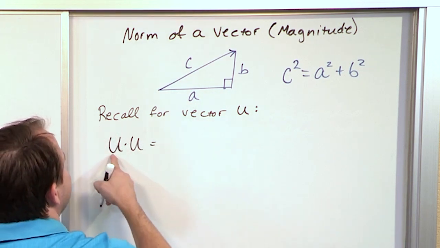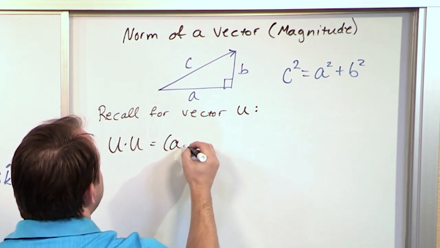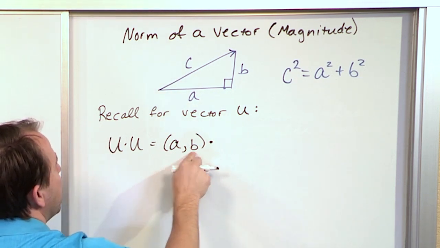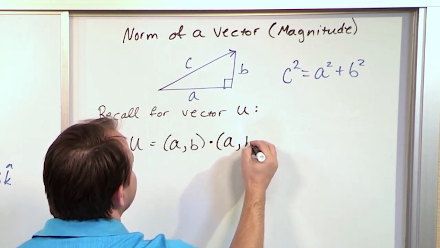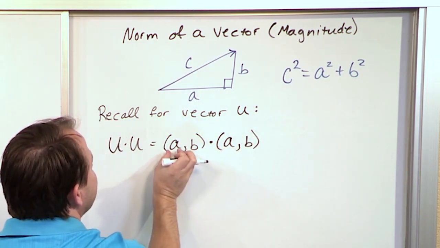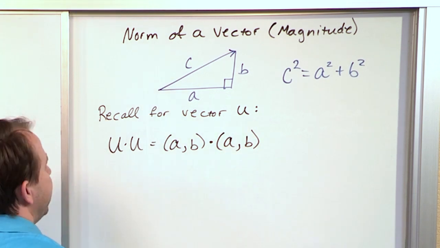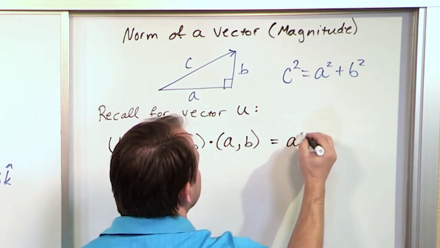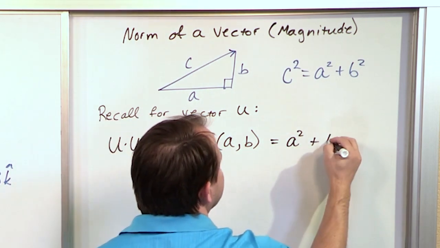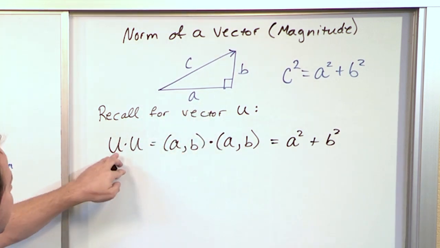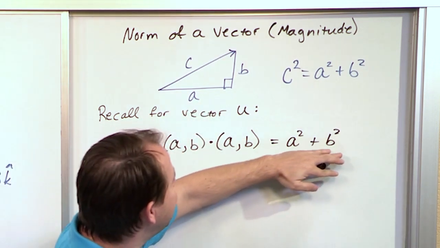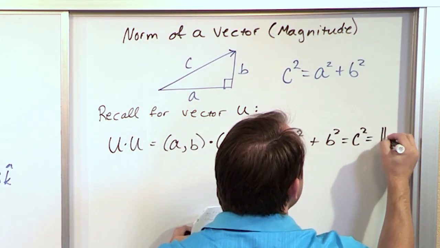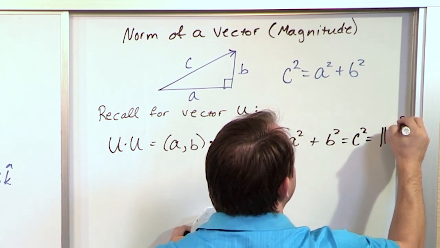So if I represent this vector as a, b, that's component a, component b, or component along x, component along y, and I'm dotting it with itself, then I'm going to multiply the x components together, and I'm going to multiply the y components together. All right? So by dotting a vector by itself, basically I get a squared plus b squared, which equals c squared, and I'm going to call that the norm of the vector squared.